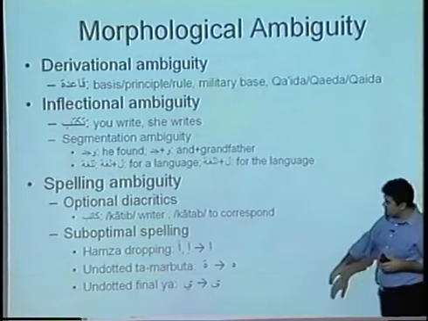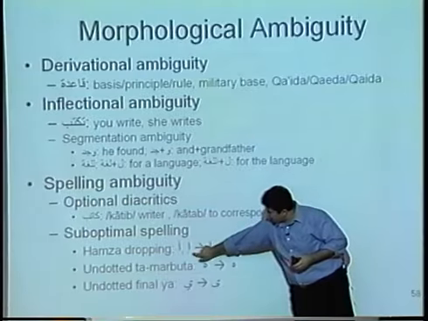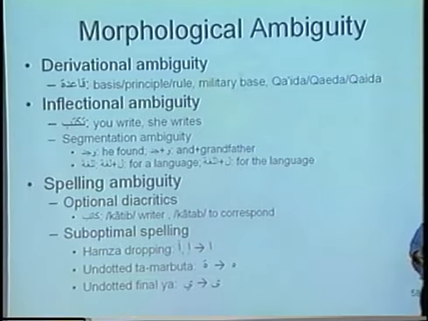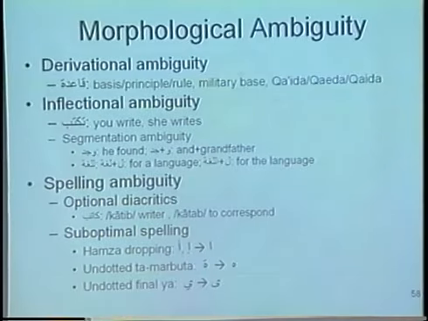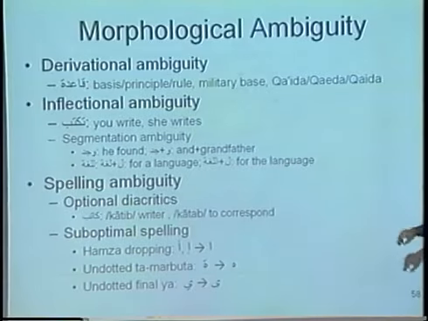I mentioned it in the first part, where you have the hamza appearing above and below the alif. Hamza is the glottal stop. It has 7 different forms, and these are 2 of them, and often people just don't click the right letter.